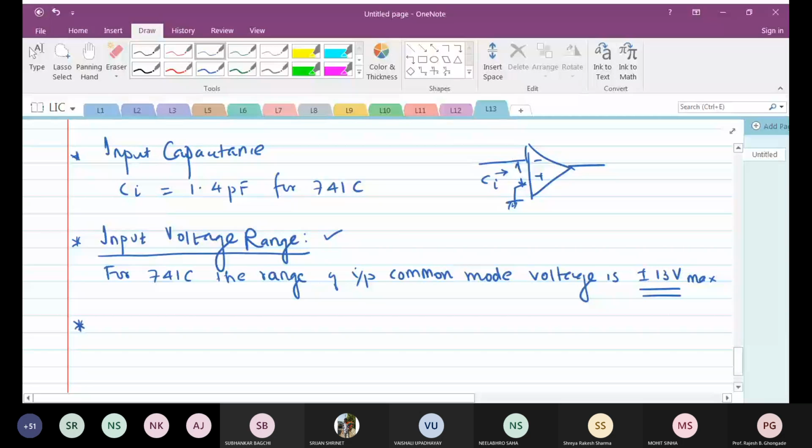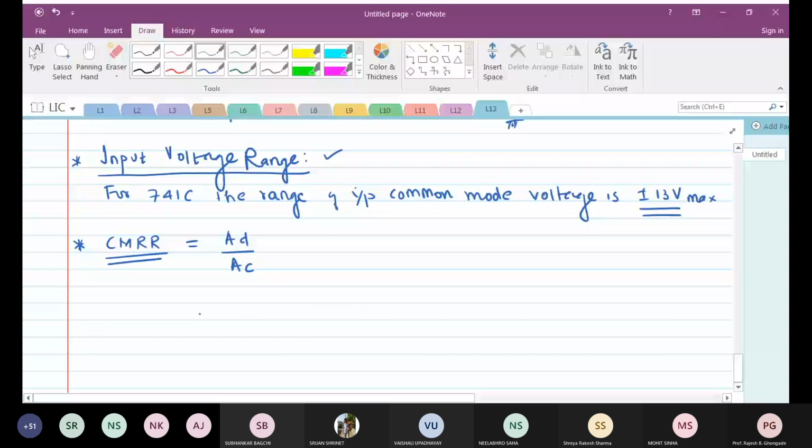And the next important parameter is the CMRR. We already have seen what the CMRR is, and this is equal to the differential mode gain divided by the common mode gain. Where AD is the differential voltage gain, which is the same as the large signal voltage gain specified in the data sheet.